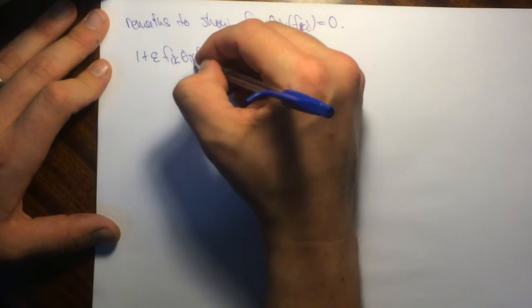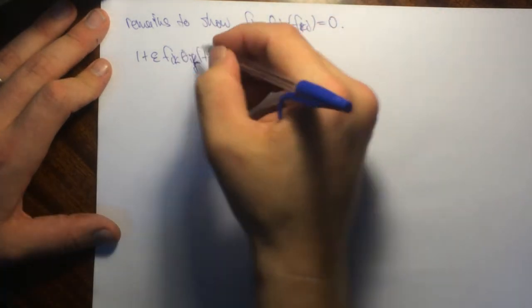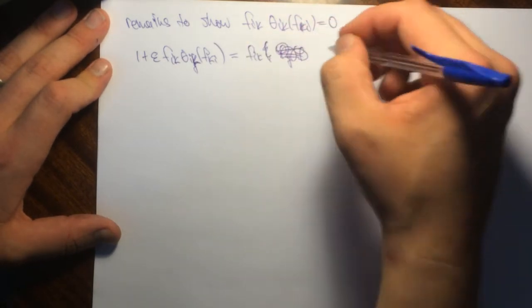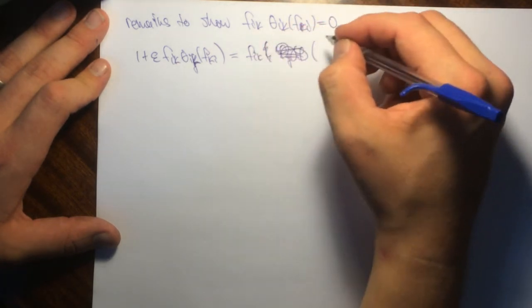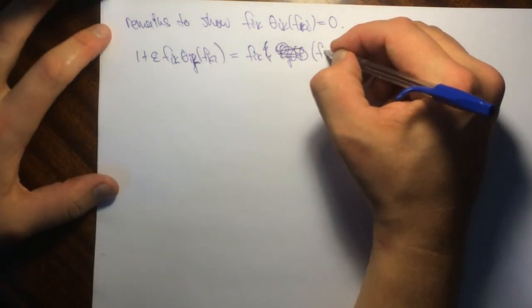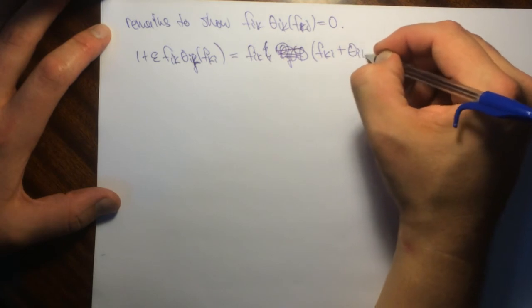Oh, sorry, this is phi ik here. Okay, sorry. So this is phi ik here. So this is this times, let's do this, phi ik. So then we can do phi ki plus theta ik phi ki.